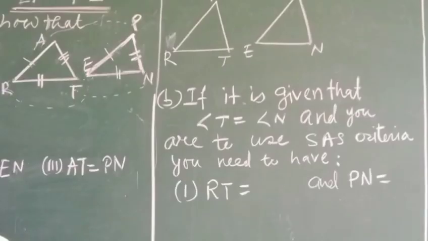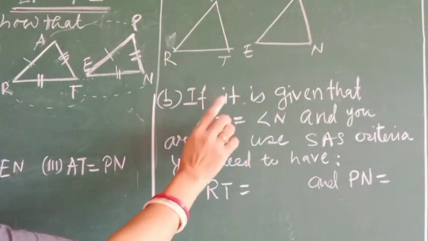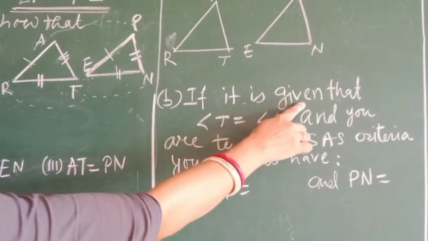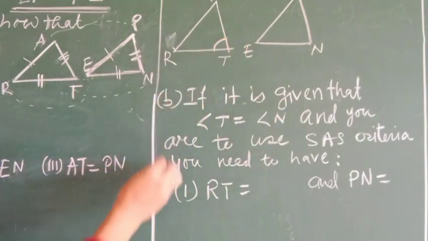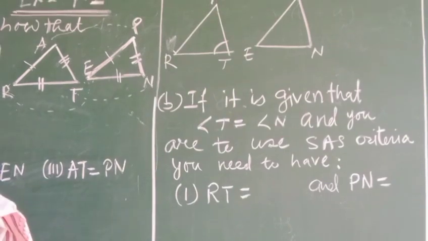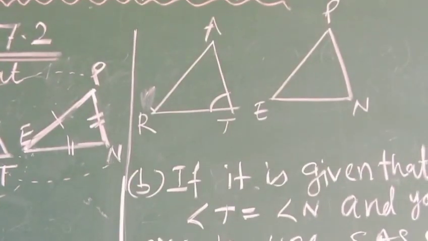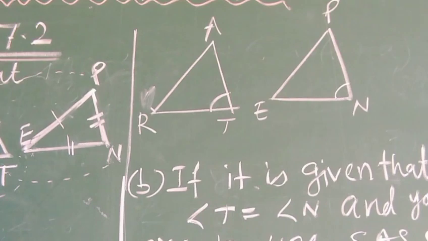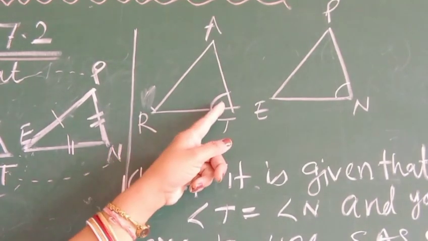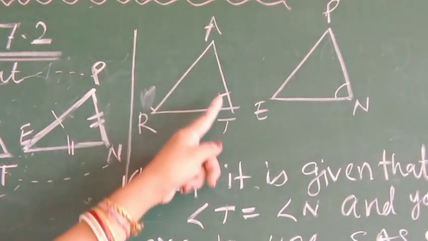Okay. Now come to the next question, B. Triangles ART and PEN are given here. If it is given that angle T is equal to angle N, this angle T is held by the sides RT and AT.